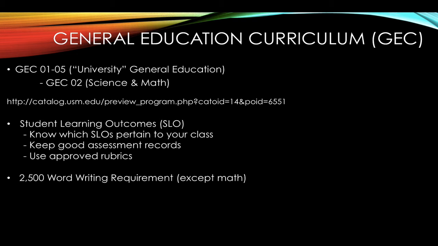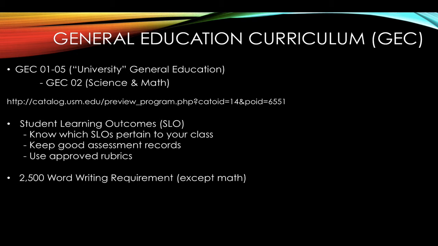The GEC courses all have student learning outcomes that are specific to the various GEC courses. You need to know which student learning outcomes pertain to your class, because you're going to be required to keep assessment records of your students for end of year or end of semester assessment and reporting purposes.